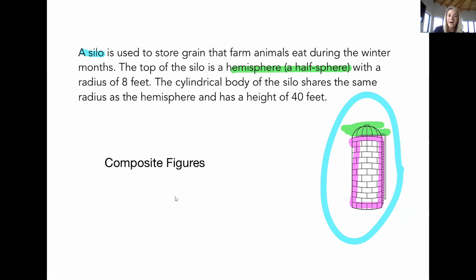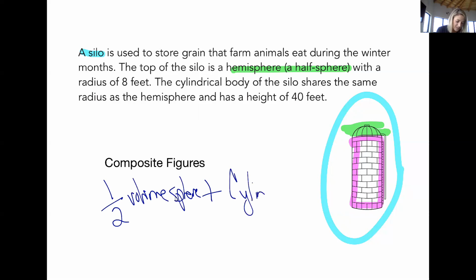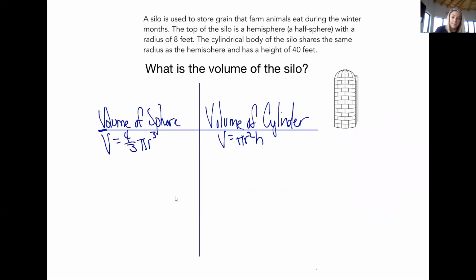So in order to calculate the total amount of volume that that silo has, I'm going to need to add these two together. I'm going to add half of the volume of a sphere plus that of the whole cylinder. I have the whole cylinder, not half of it. So now let's take a look at that problem again.